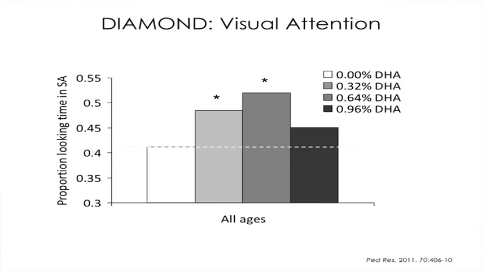What's really interesting here is that the highest dose, the 0.96 group, wasn't significantly different from the control. So there seemed to be a reduction in benefit. We thought initially this would be some sort of anomaly, but it turned out to be something that carried through for the most part for the rest of the study.